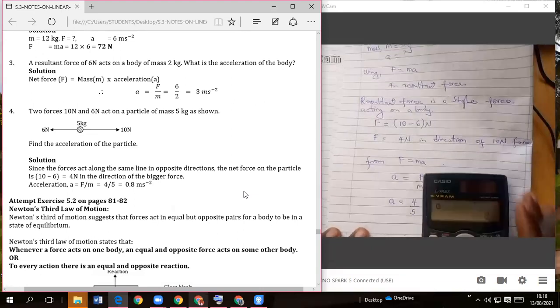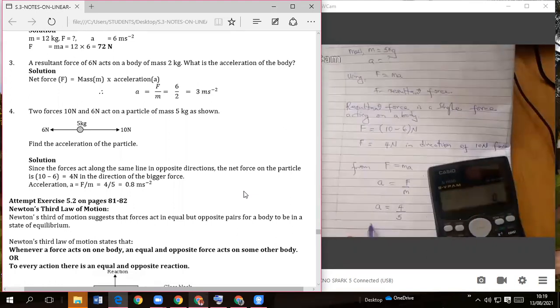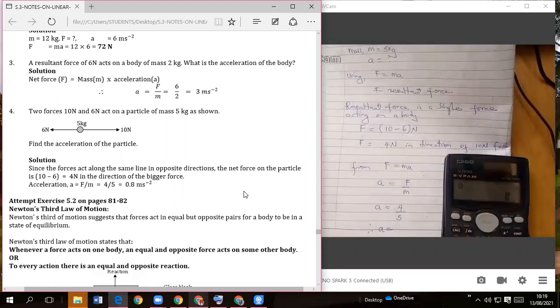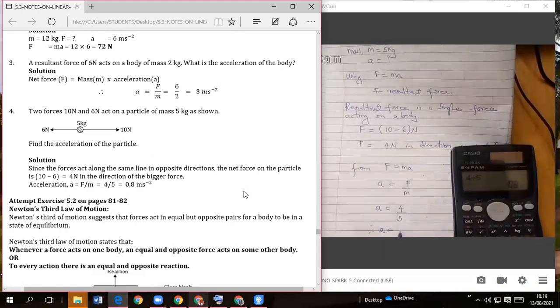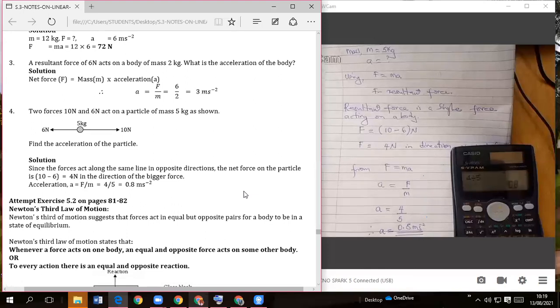Therefore, our acceleration will be 4 divided by 5, we get 0.8 meters per second squared. Are we together? 0.8. Members, is that clear? Yes.